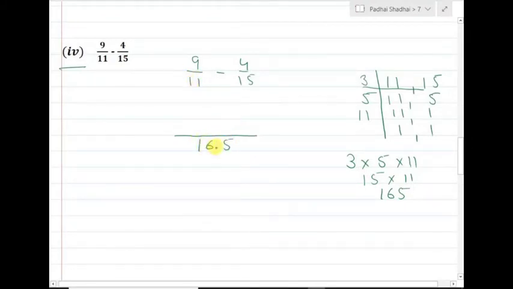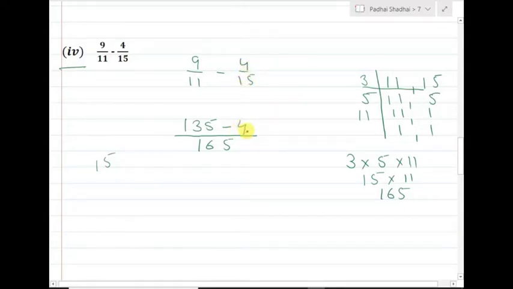Now 165 divided by 11, we will get the answer 15. And now we have to multiply 9 by 15, so it is 135. And similarly beta, we have to divide 165 by 15, so we will get the answer 11.